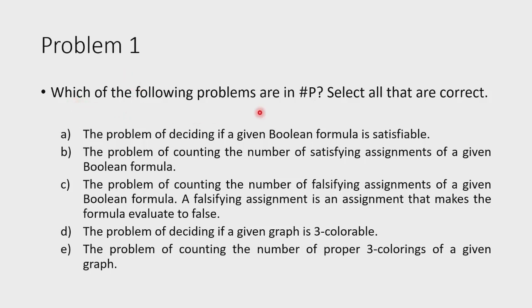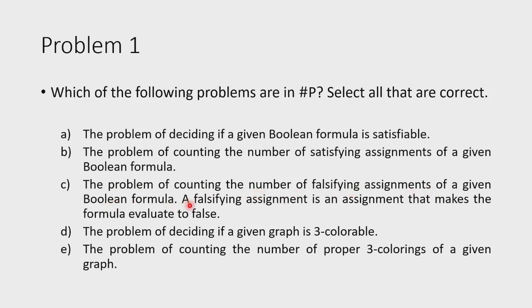Which of the following problems are in the class Sharp P? Select all that are correct. The options are: the problem of deciding if a given Boolean formula is satisfiable; the problem of counting the number of satisfying assignments of a given Boolean formula; the problem of counting the number of falsifying assignments of a given Boolean formula.